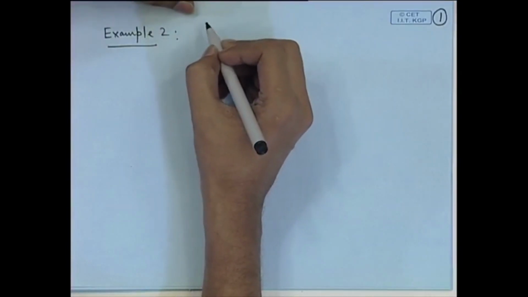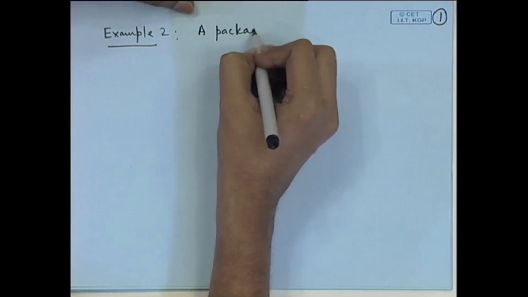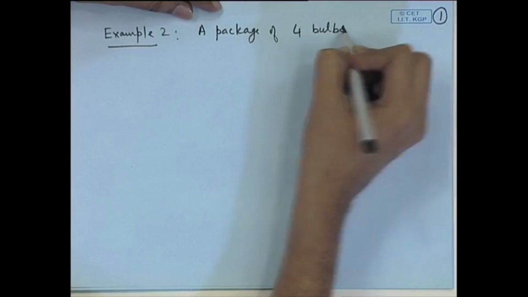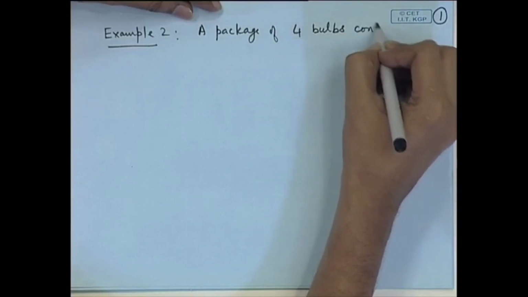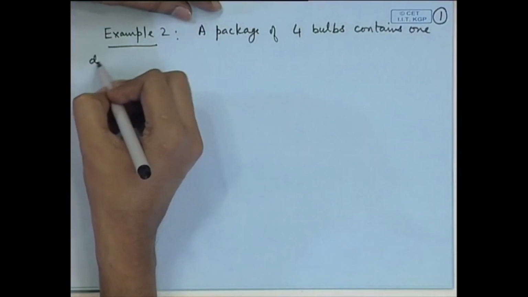Consider the following: a package of 4 bulbs contains 1 defective.